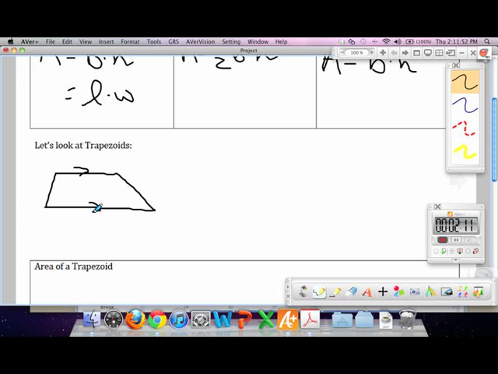The angle that's included between the congruent sides is bisected by the diagonal, which forces one of the diagonals to bisect the other, which is a nice little tool. For a rhombus, both diagonals are bisected. For a kite, one of them is.